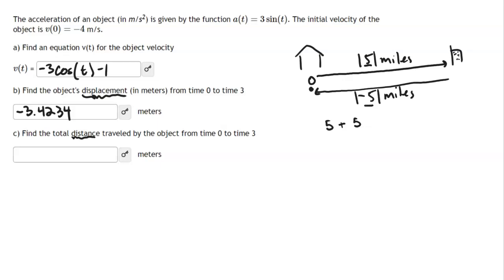So for our total distance, we can use the absolute value of our velocity. In order to find the total distance, we're going to do what we did in part B. We're going to take the integral from 0 to 3 of the absolute value of -3 cos(t) - 1 dt.